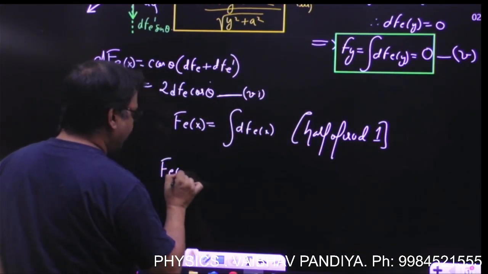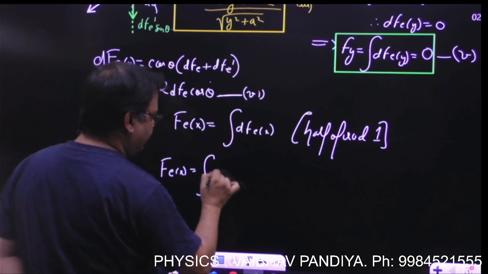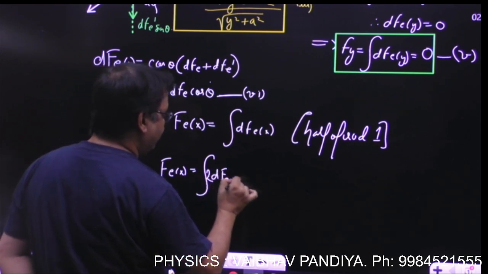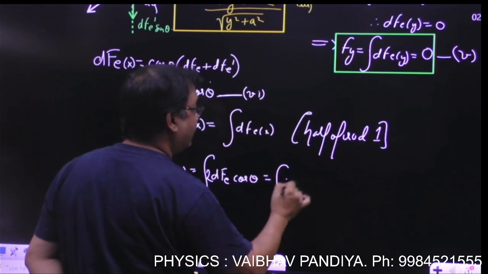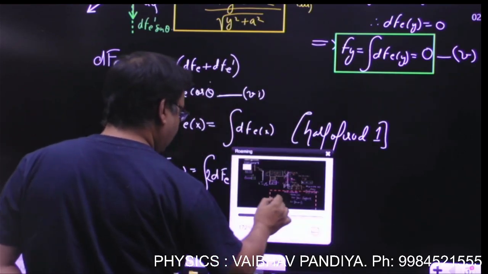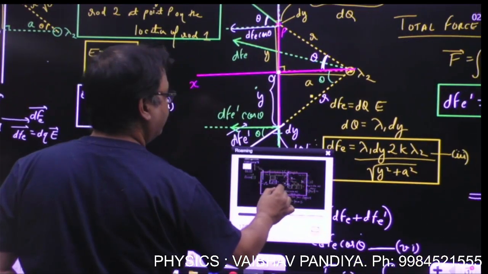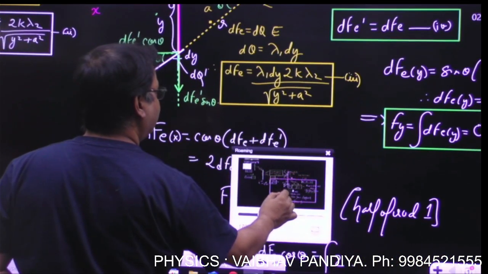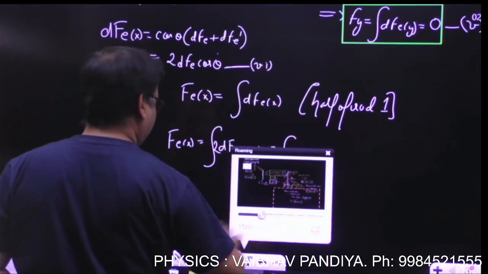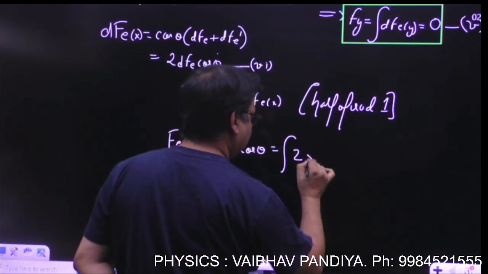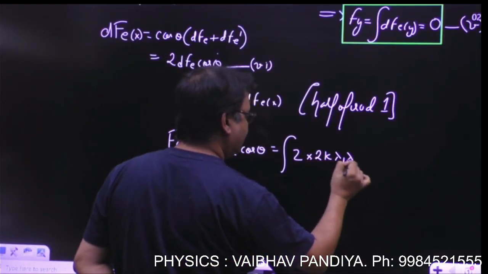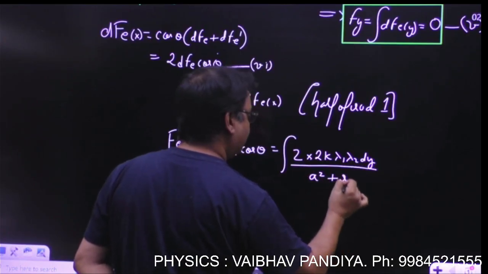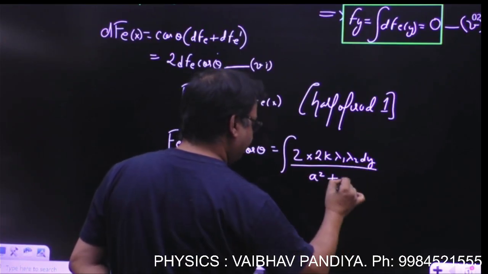Let's put the value of dFE. So FEx will be the integral of twice dFE cos theta. What was dFE? Where we found dFE, it was k lambda 1 lambda 2 dy divided by the square root of a square plus y square.